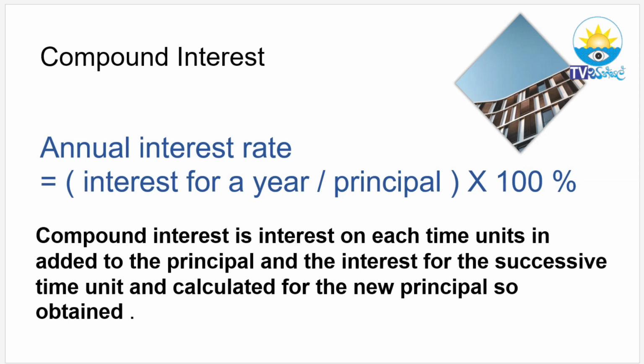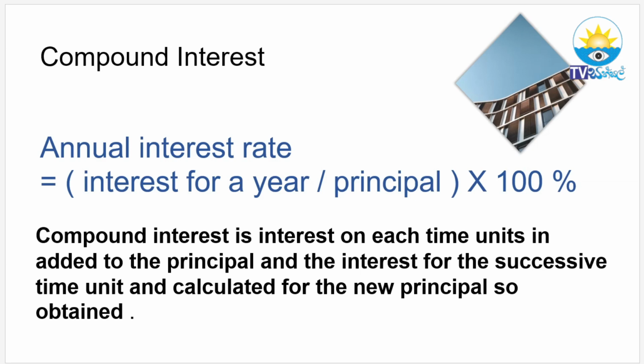What is compound interest? Compound interest is interest on each time unit that is added to the principal, and the interest for the successive time unit is calculated for the new principal so obtained. In this manner, when the interest is calculated every year, not only the principal but the previously earned interest also earns interest.